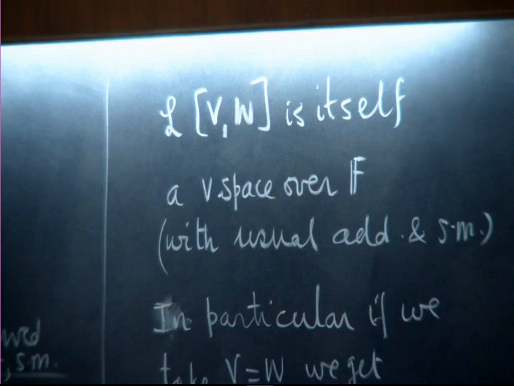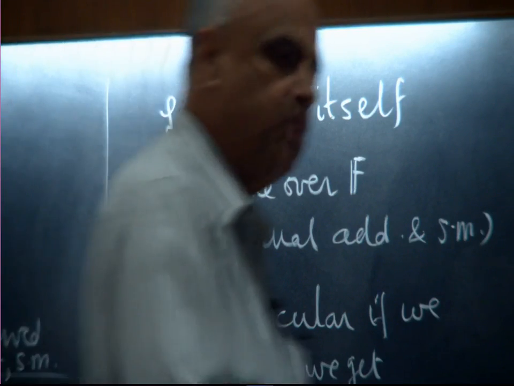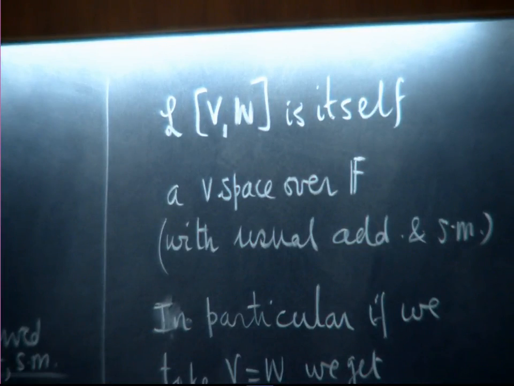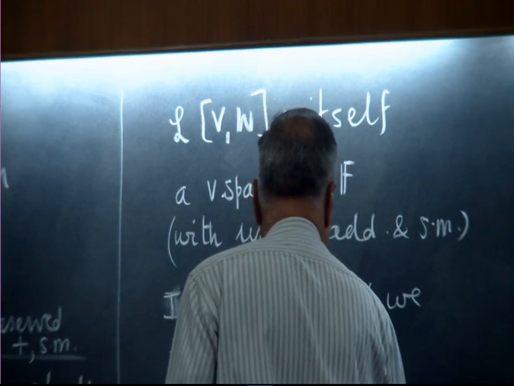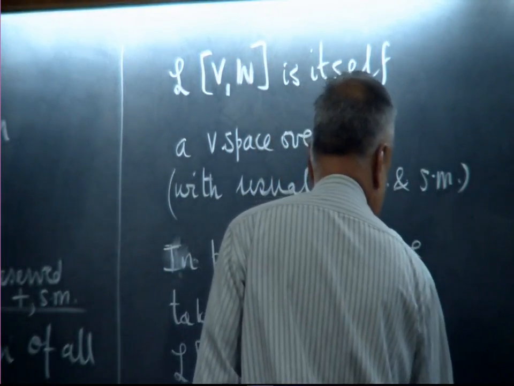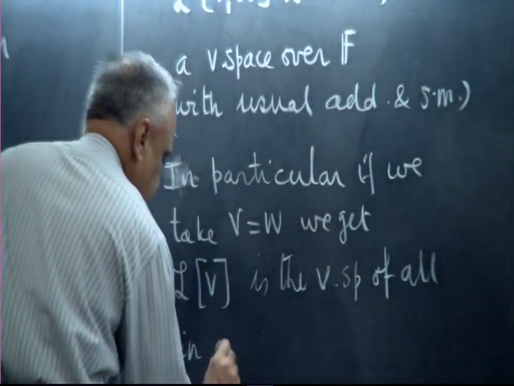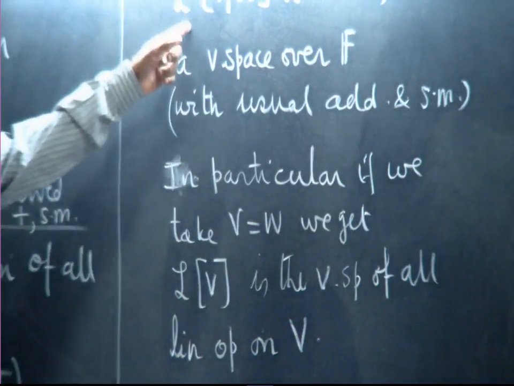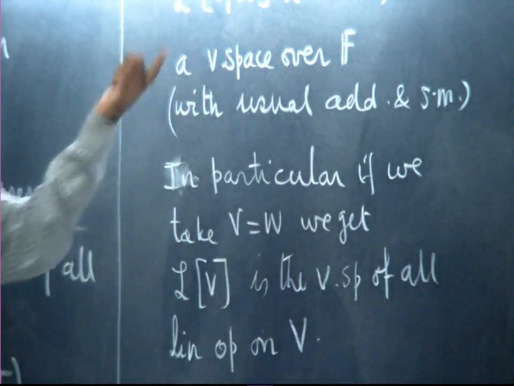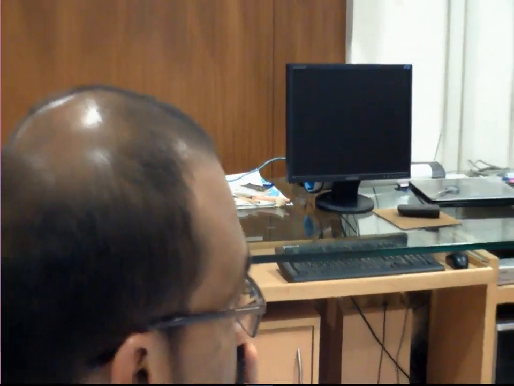Now, any linear transformation which takes V to V is called a linear operator on V. So it is the vector space of all linear operators on V. Because this is a vector space, when I put W equal to V, L(V) is also a vector space. When I have such a situation, this becomes also an algebra, because two operators can be multiplied, where the multiplication is thought of as the composition, compose two transformations.